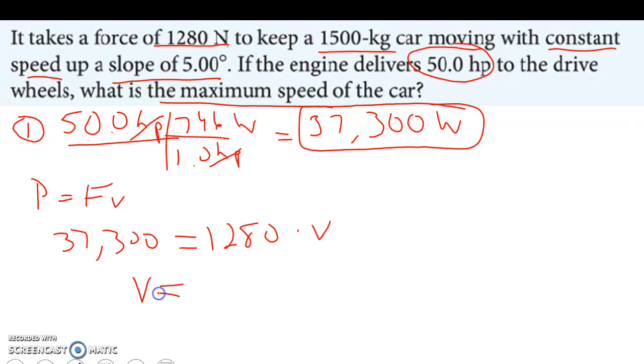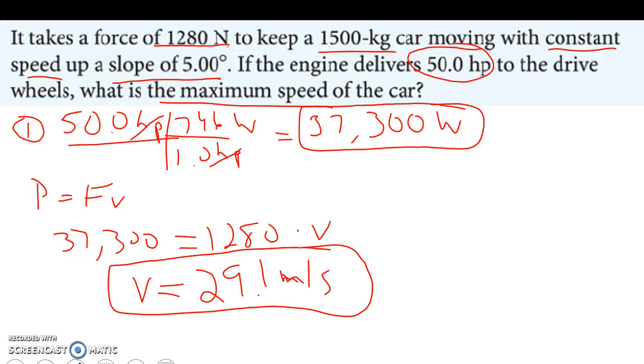So quick division, and we find the max velocity of our vehicle to be 29.1 meters per second. So if you see force in a power problem, instantly go to this equation. Or if you see velocity in a power problem and you want to find things, know that power is force times velocity.